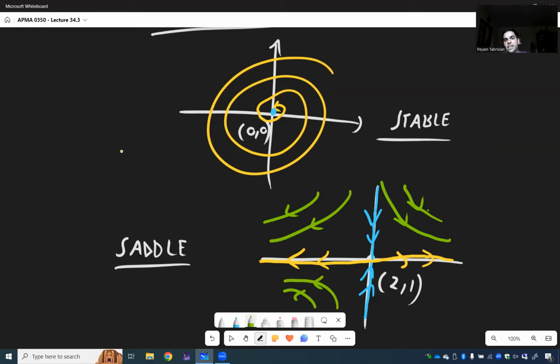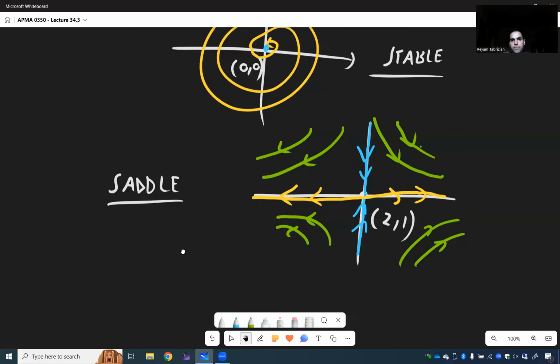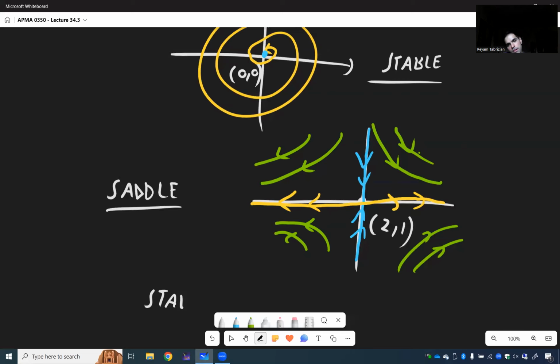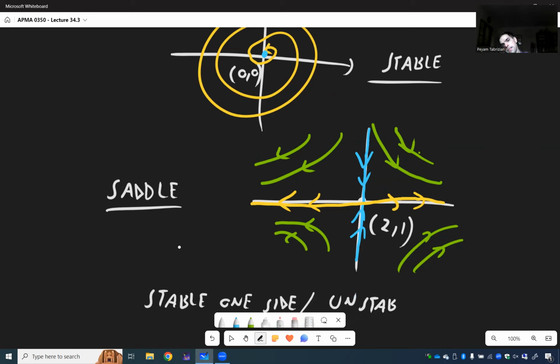And because it's sort of both stable on one side and unstable on the other side, that's why we call it a saddle. It's stable on one side, unstable on the other. And you'll see in our population model that we'll do in a future lecture, those saddle points are actually very important in determining the behavior of the populations.